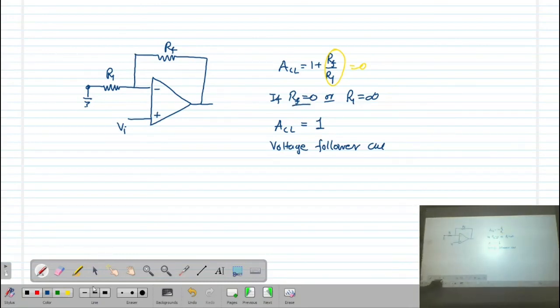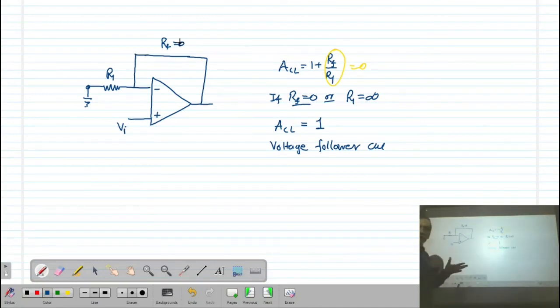It means here I have to remove this RF and short this terminal. So this indicates that RF is 0 and R1 is infinite.